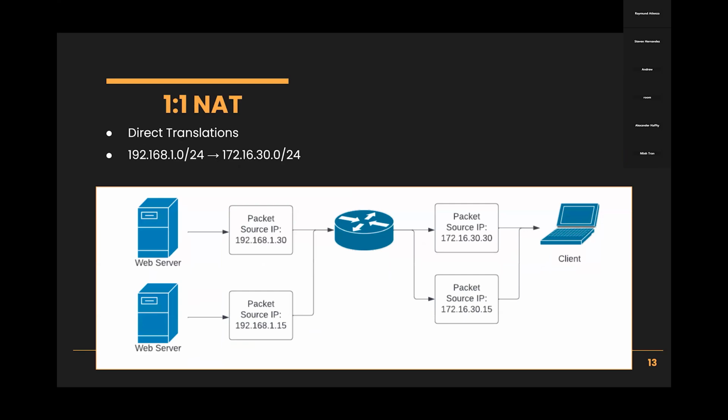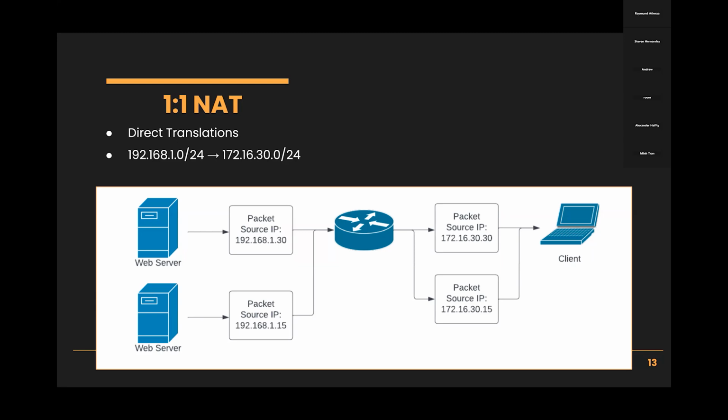Next, we have a one-to-one NAT, which is probably my favorite type of NAT. And this is a direct translation between two networks. So instead of one-to-many NAT, where you would have two addresses that end up becoming one, you would just have one address that gets directly translated to another address.